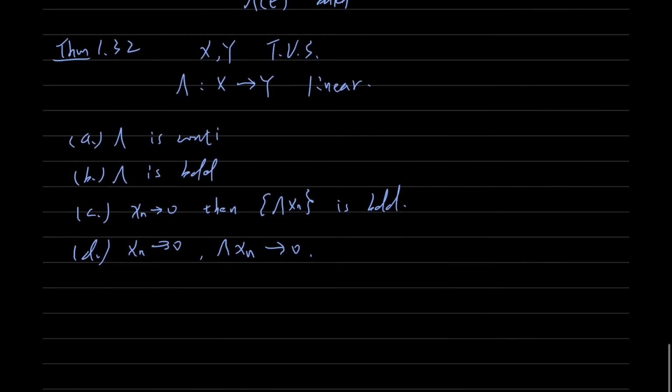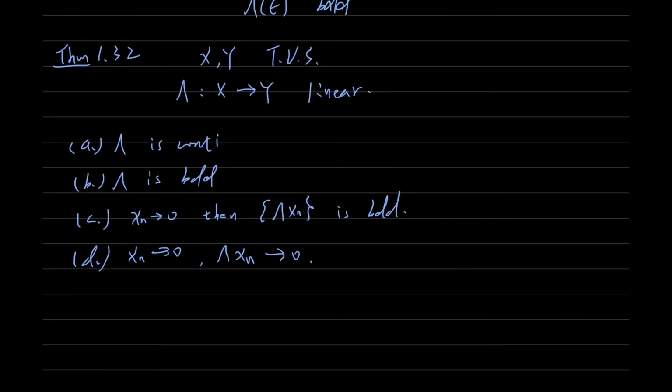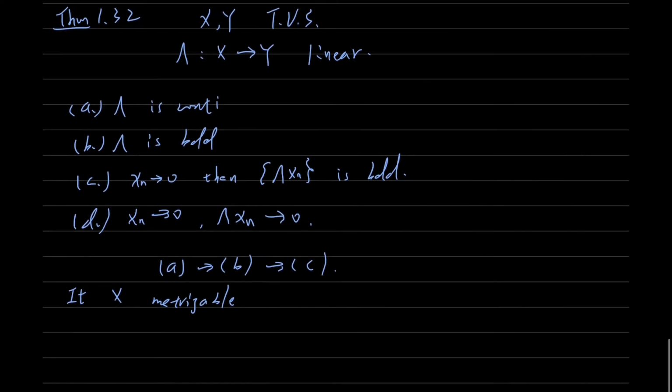So in general, for a general topological vector space, we have A implies B implies C. If further X is metrizable, then we also have the implication C to D to A, which actually implies that boundedness is equivalent to continuity.